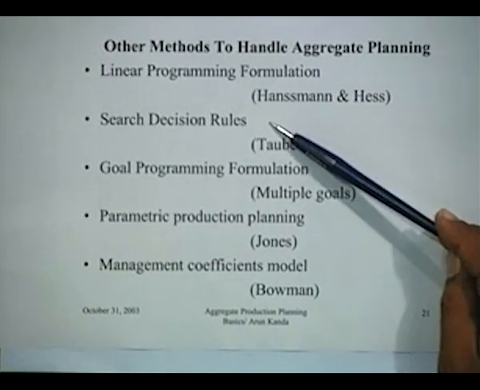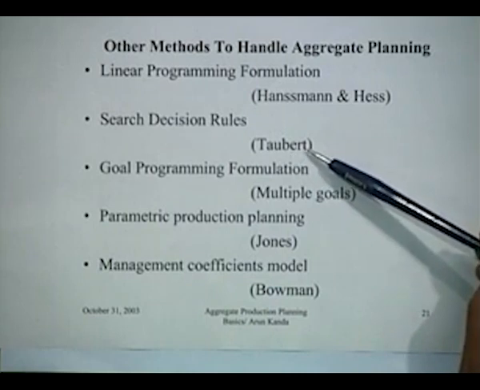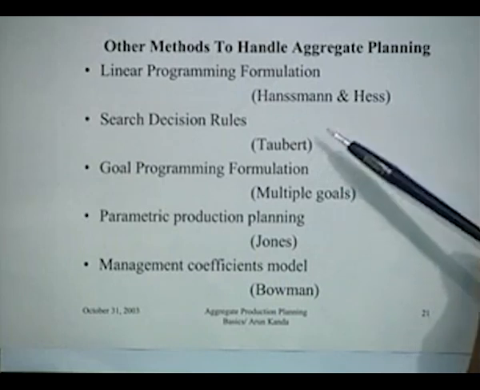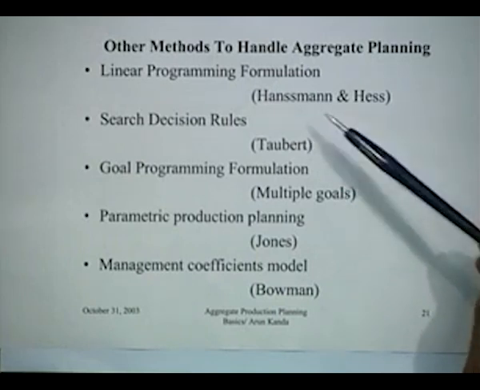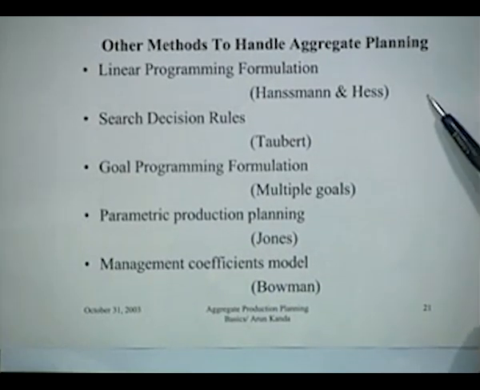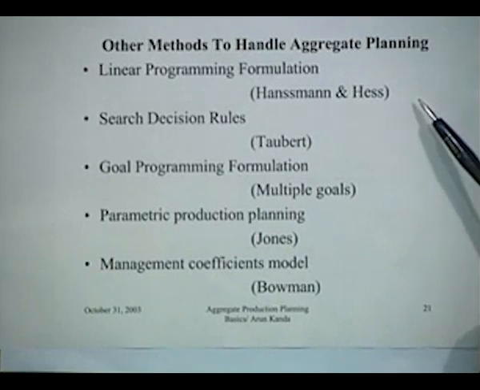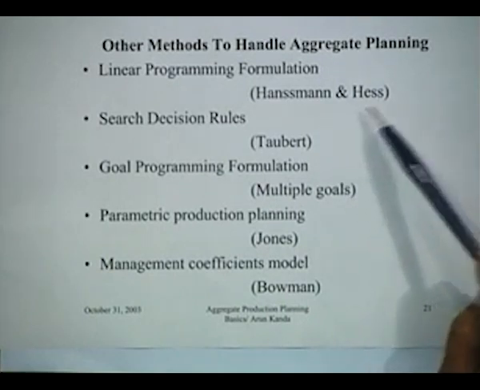Search decision rules was one category of procedures determined by Taubert, in the sense that you talk about one type of rule, another type of rule, and then a combination of these rules.